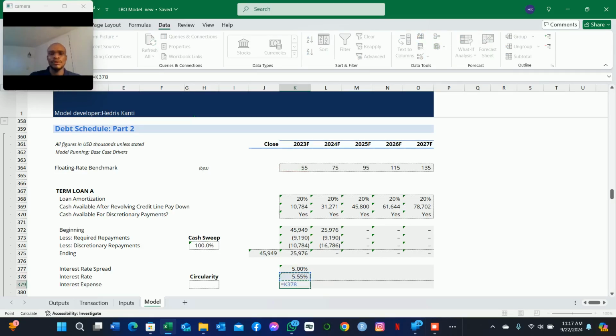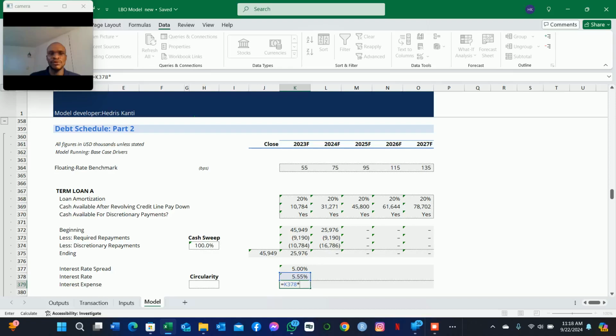So to calculate the interest expense, it could be paid within the year, so it's going to be based on the average of that interest rate, which includes the base rate plus the margin plus the swap, which is our floating rate benchmark.